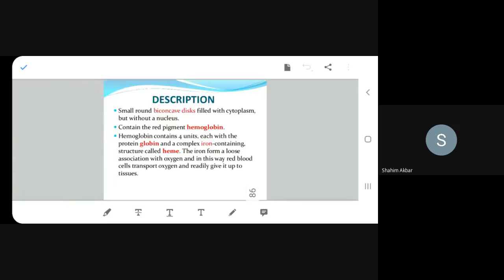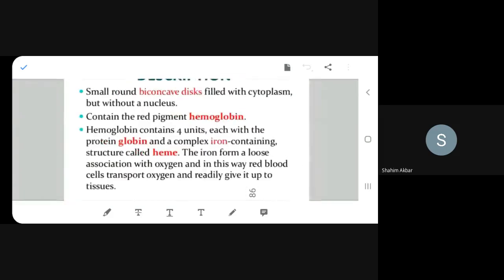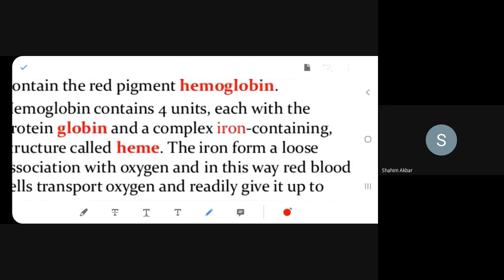I will draw and show you. So this is the cell body, right? And this is a nucleus.